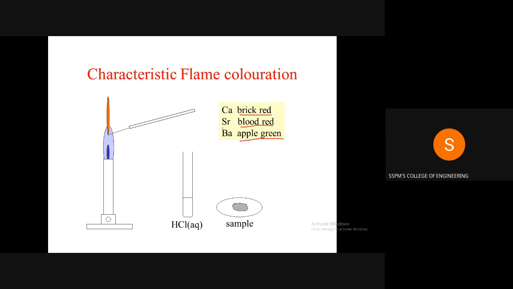They ask the question: when the following compounds burn on a flame, which color flame does it give? So you know the options, and the correct option will be the particular flame color for the particular element.